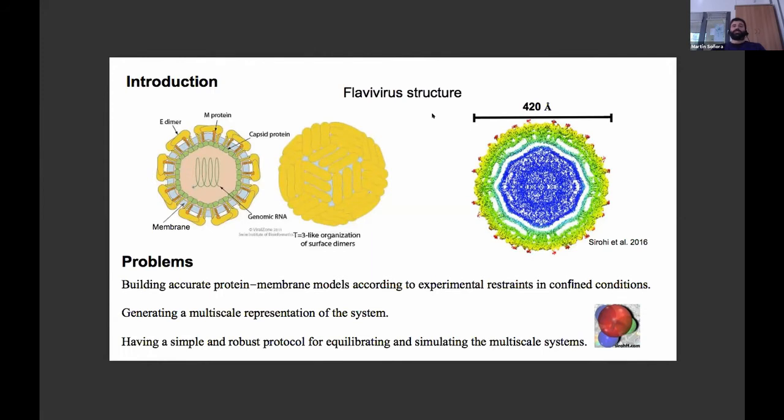Remember that we don't know anything about lipid and water molecule coordinate positions in this kind of biological system. All we know is the protein atom coordinates from the cryo density maps. And the third issue is having a simple and robust protocol for equilibrating and simulating the multiscale system.